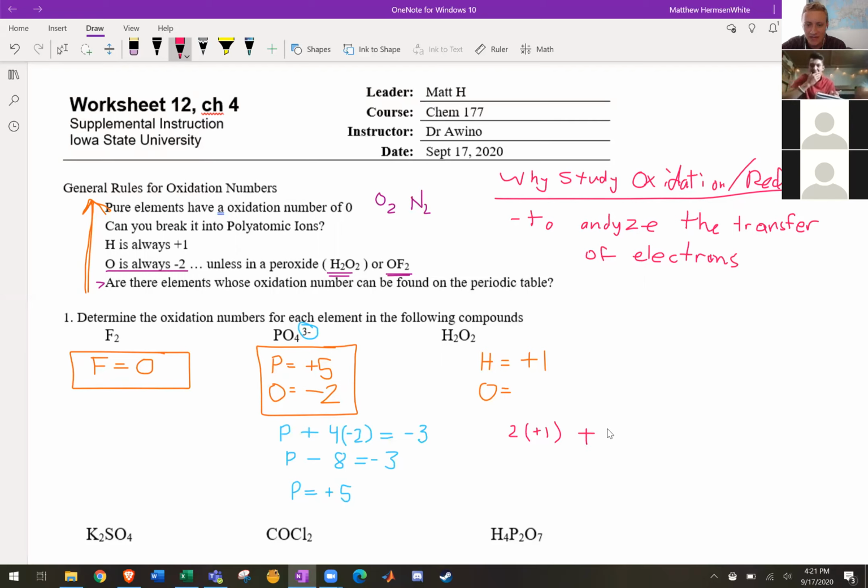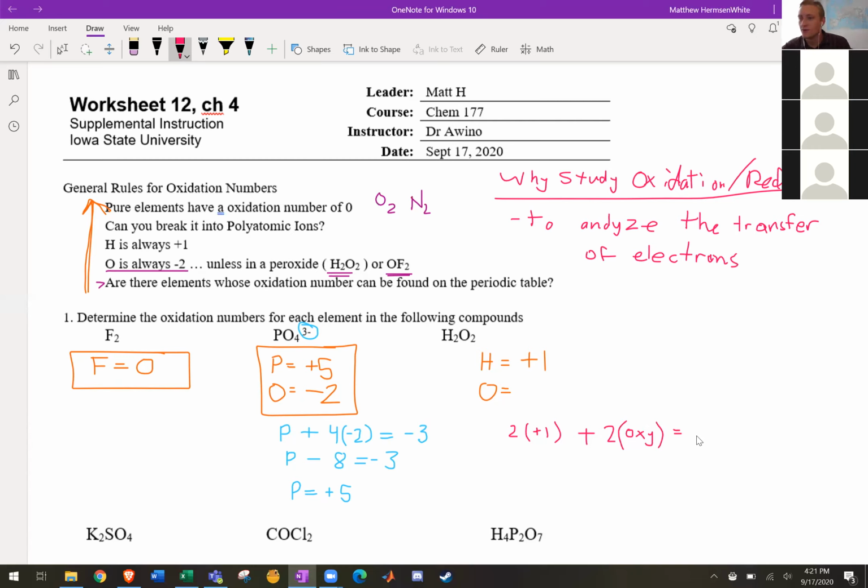And each oxygen, so we have 2 oxygens. So 2 times oxygens, and this is going to be equal to the total charge of the molecule. Now, what is the total charge of this molecule, H2O2? What is this equal to here? 0.